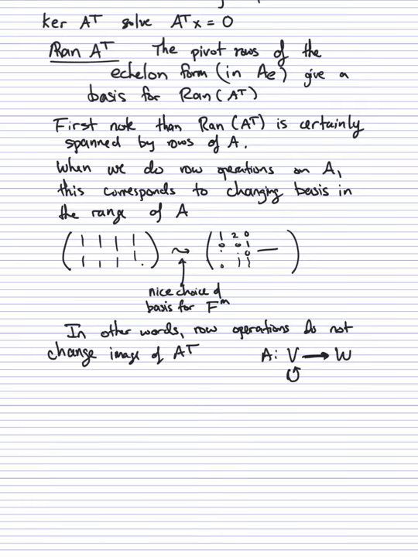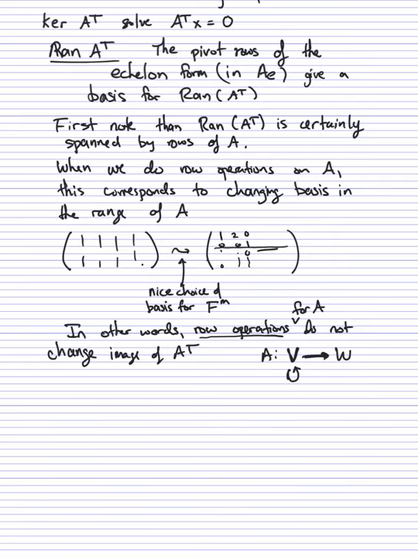So when I'm doing row operations for A, all I've been doing is a change of basis on the domain of A transpose. And that doesn't change the image. You've just made the image of the vectors under the transpose nicer.